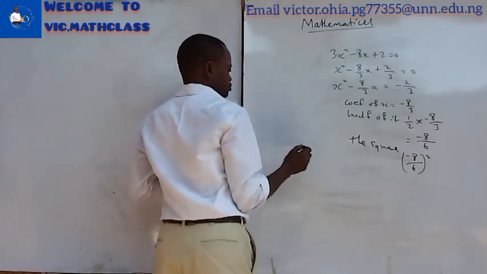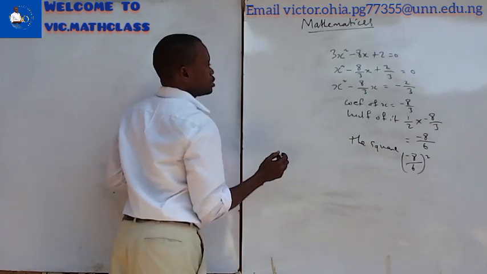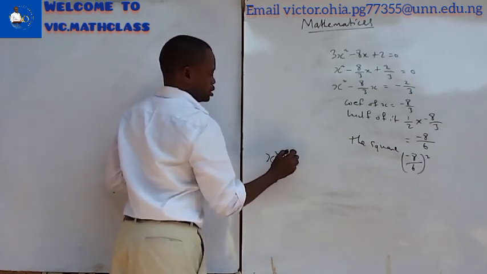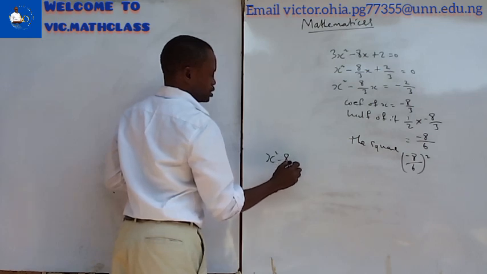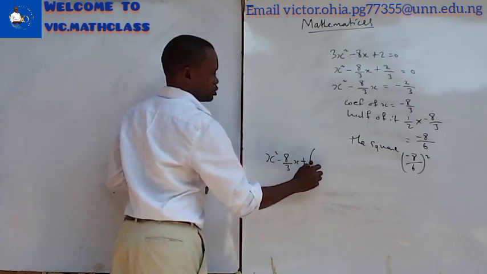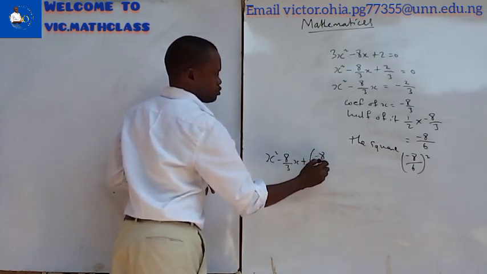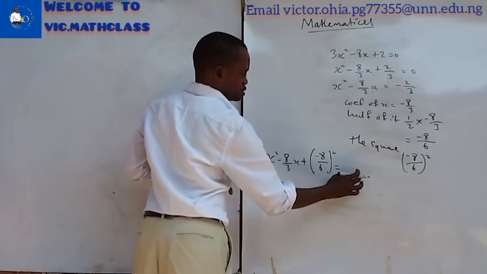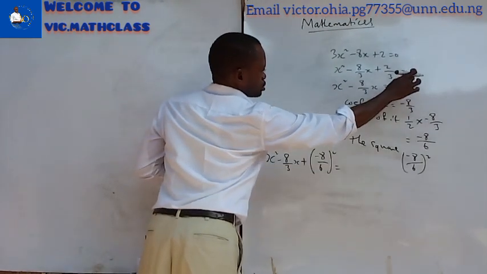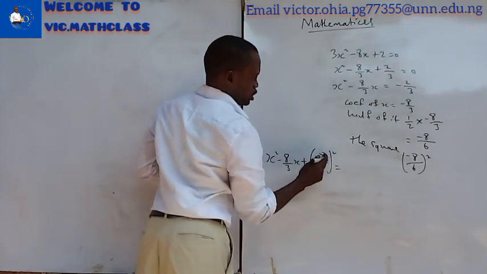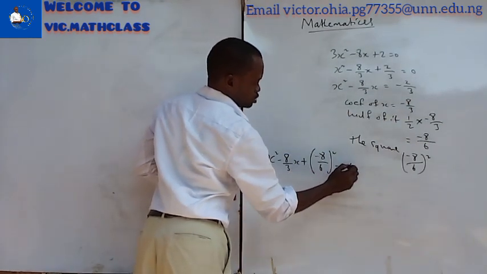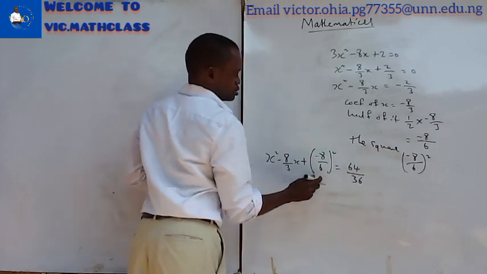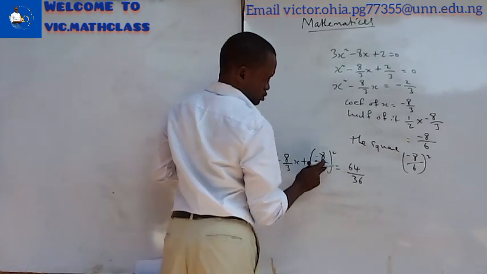So what do I have? What I now have is x squared minus 8 over 3x, then plus in bracket minus 8 over 6 squared equals to, I'll write this one first because this is negative. So here, of course, you know this is 64 over, of course, this is 36. 6 times 6, 6 squared.